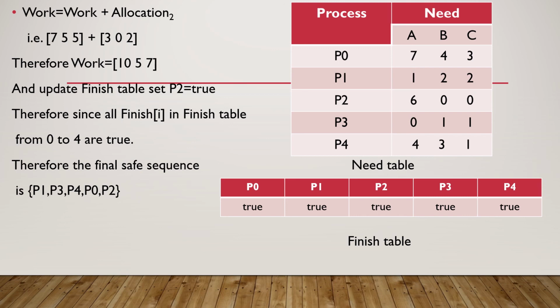So our work becomes 1057 and we update the finish table and set P2 value to true. Now if you check all the values in the finish table, all the values are now true. So all the processes have been executed successfully. So our final safe sequence is P1, P3, P4, P0 and P2.